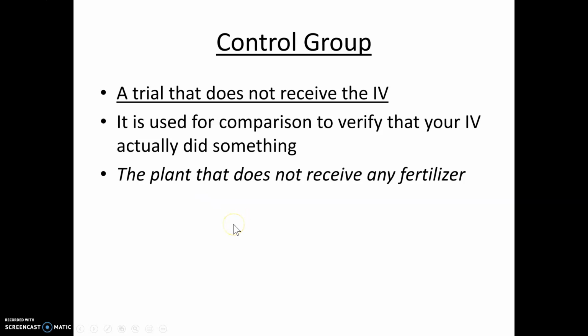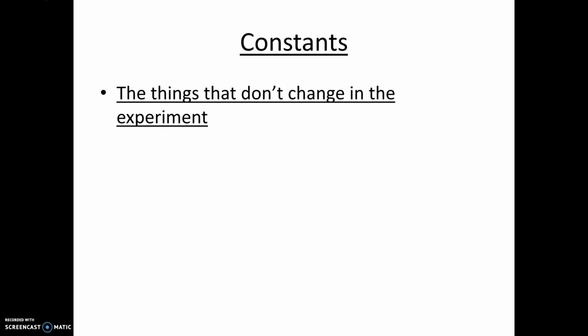So in the example of our plants again, for the plant that does not receive any fertilizer, we're going to see if that hinders or helps its growth. If there is the same amount of growth on both the plant that received fertilizer and the plant that did not receive fertilizer, then we know that the fertilizer really doesn't do too much for the plant.